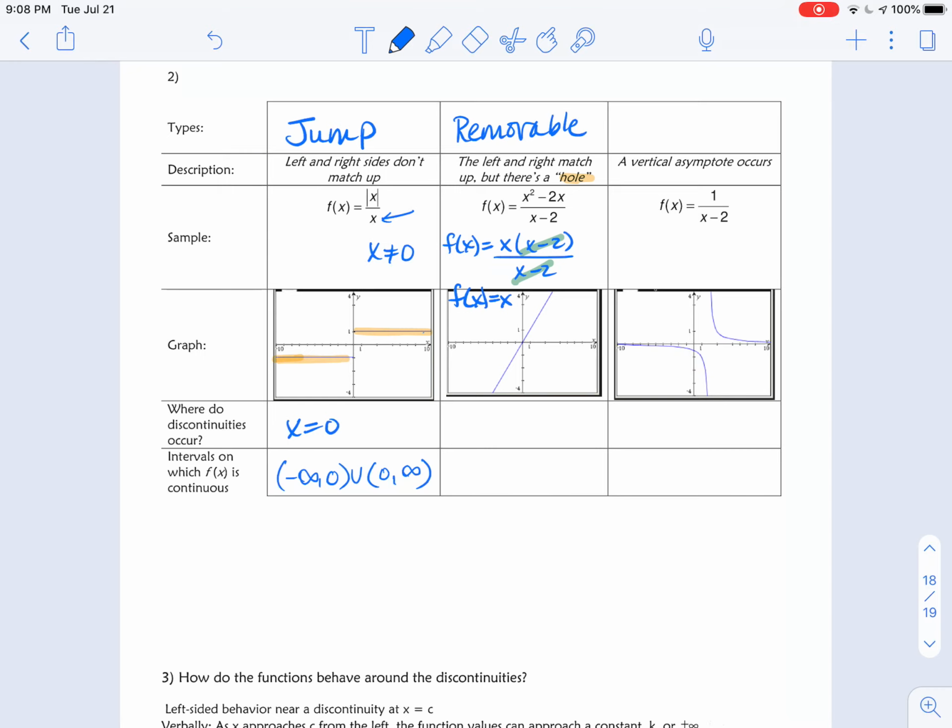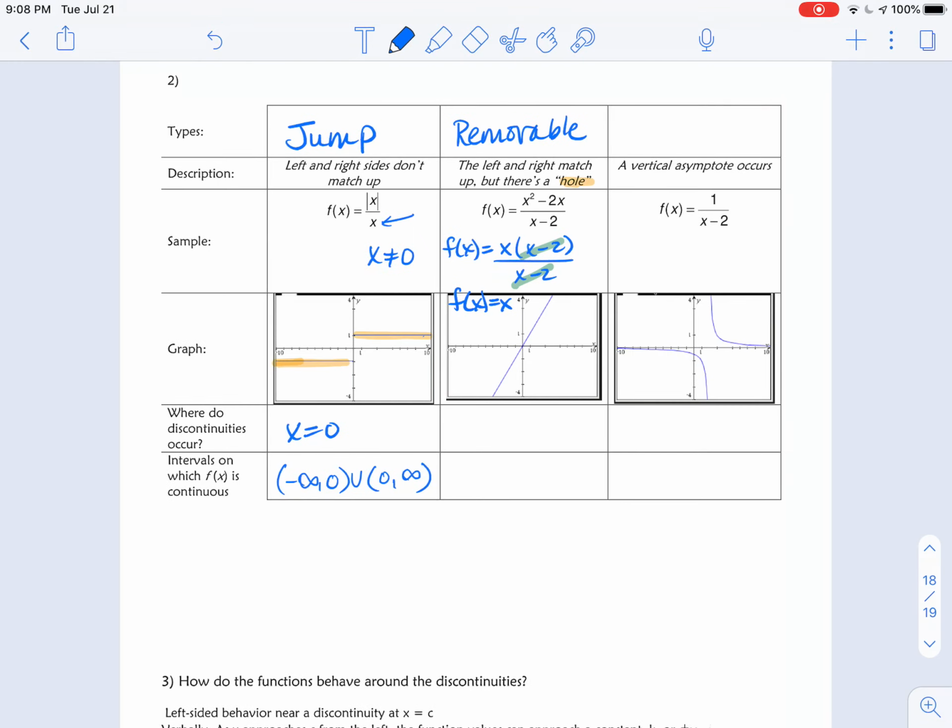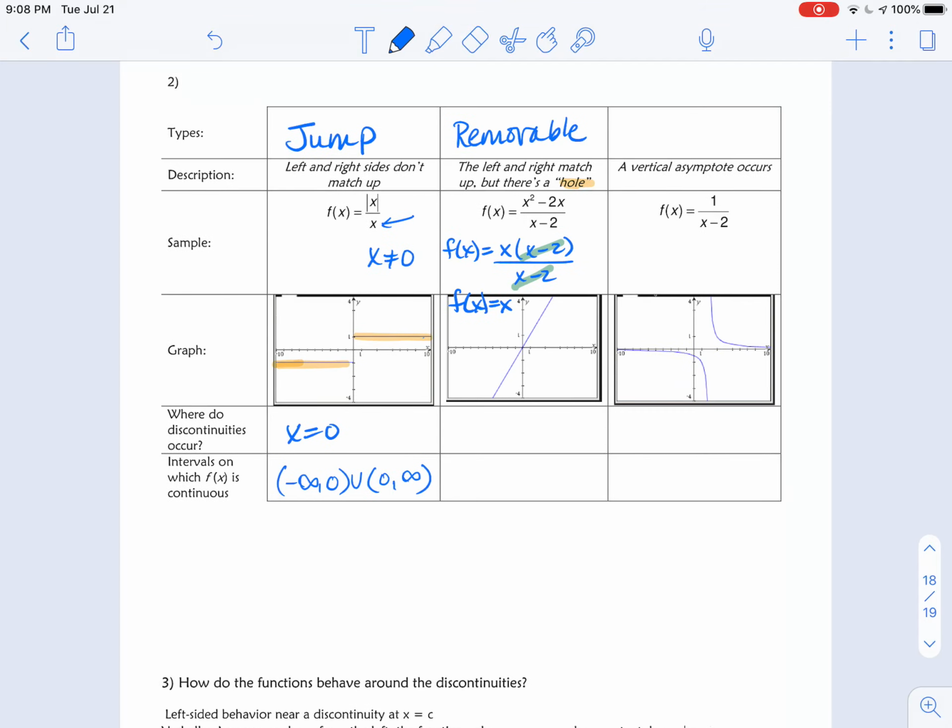When we cancel that, what we have left is just f of x is equal to x, which is just this linear function. Our hole occurs at this common factor when we solve for it. And so we add 2 to both sides, and x is 2. That's where we have our discontinuity at an x value of 2.